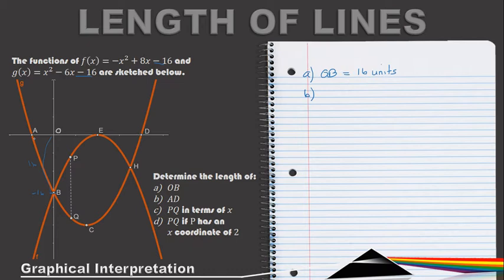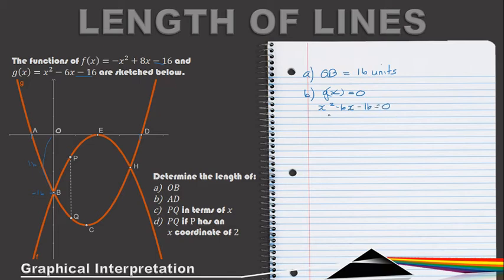AD lies over here, so in finding that, we need to find the x-intercepts for g. So we take g(x) equal to 0, so we set x squared minus 6x minus 16 equal to 0.